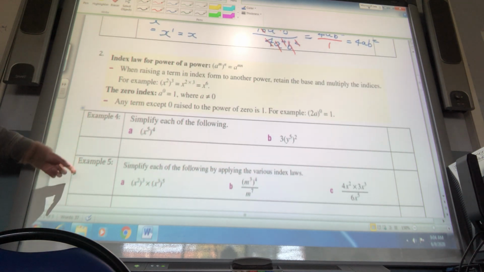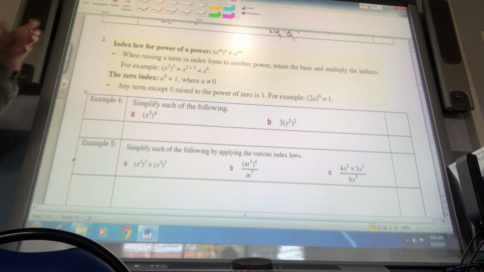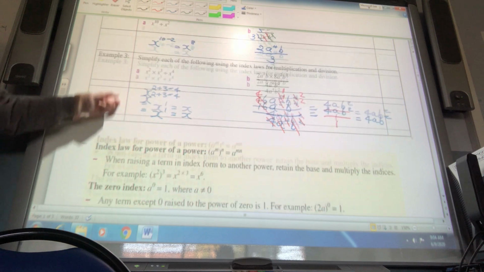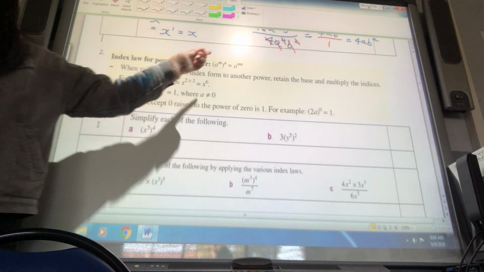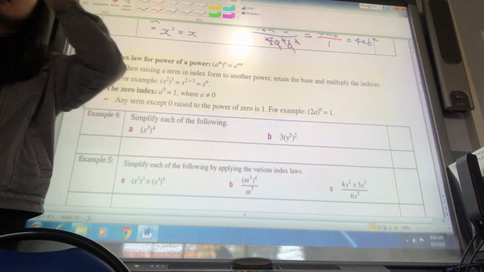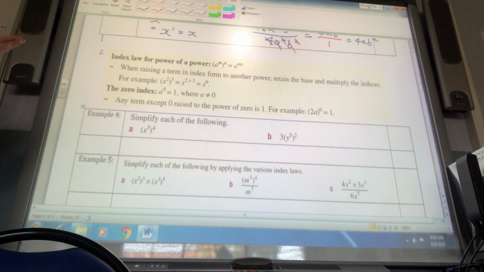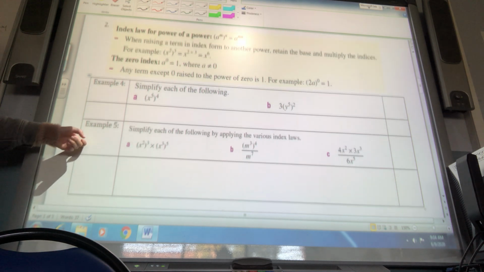The next part is where, instead of writing things separately, we have brackets: a to the power of m, brackets, to the power of n. What does that mean? I just have to times the powers together, right? I feel like I talked about this at the start of this year.